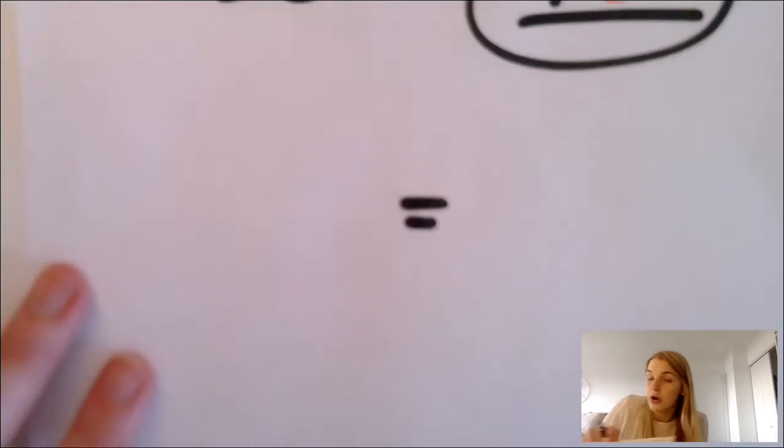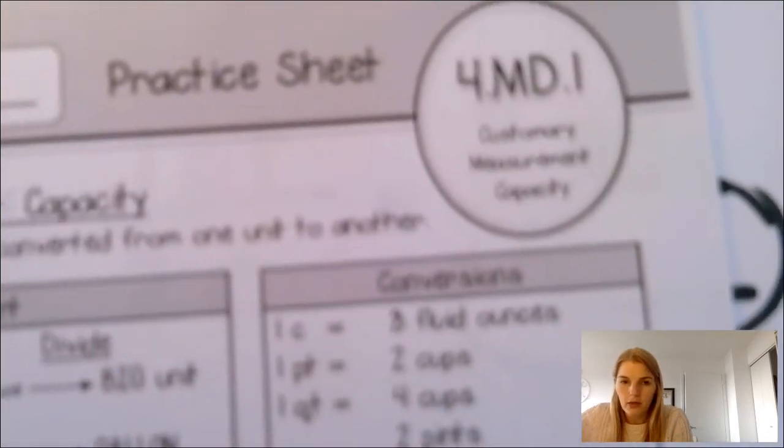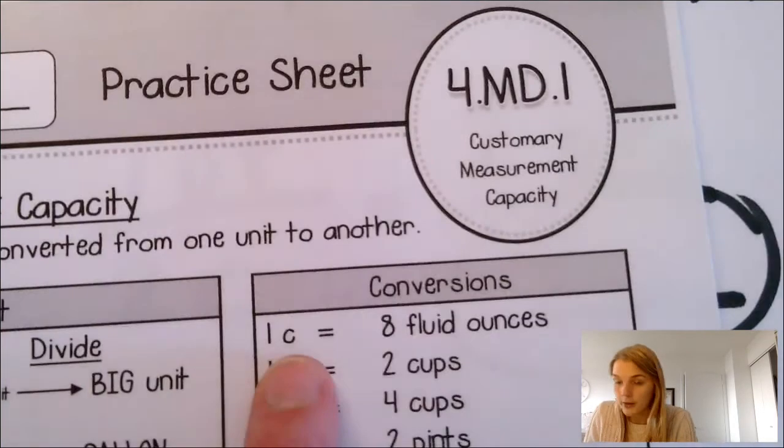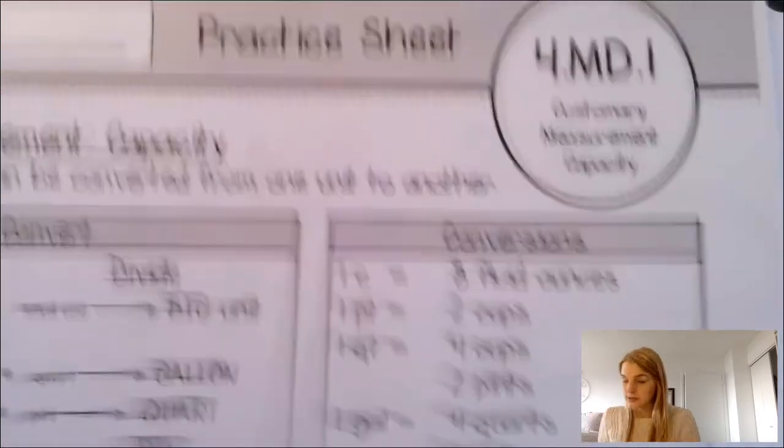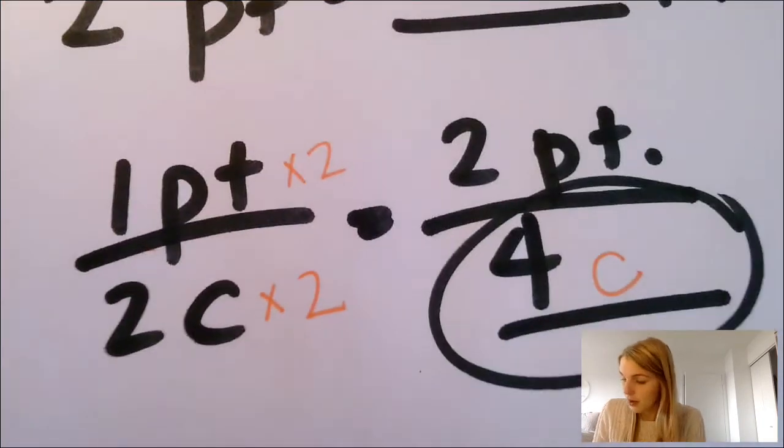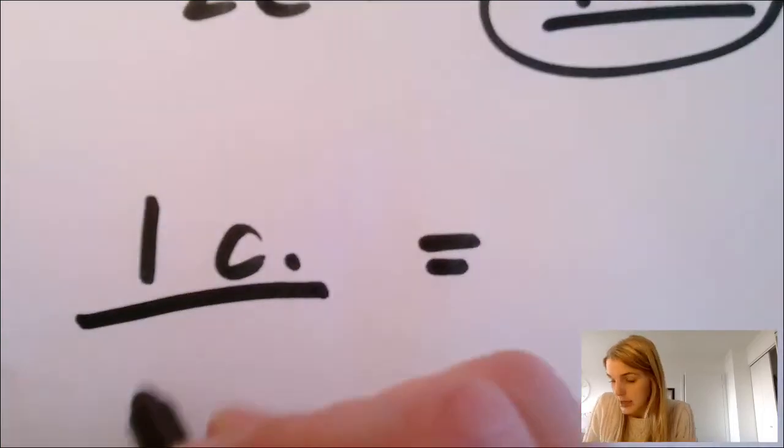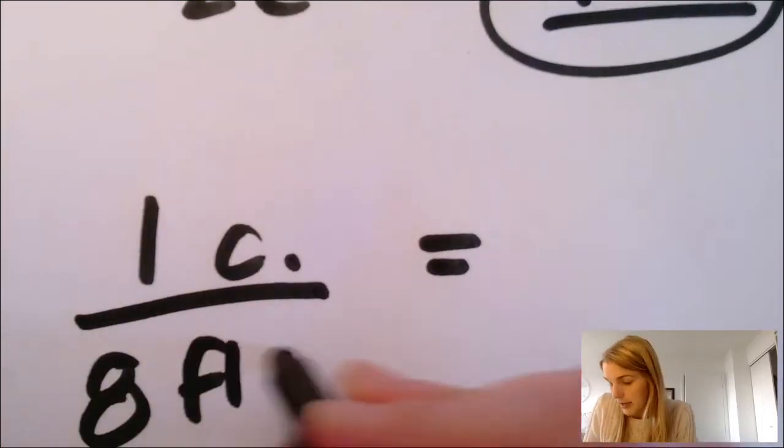We're now looking at our conversion chart to see how many fluid ounces are in a cup. Well, let me get a little closer. It says here that 1 cup equals 8 fluid ounces. 1 cup is the same thing as 8 fluid ounces.